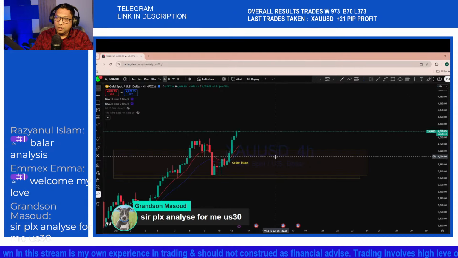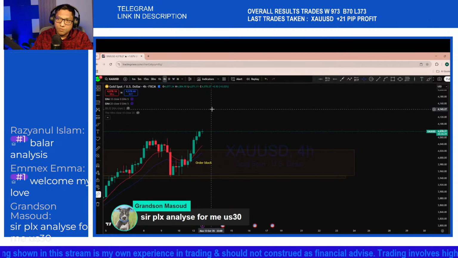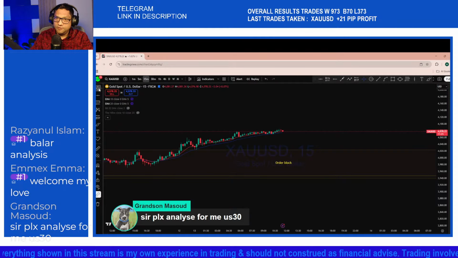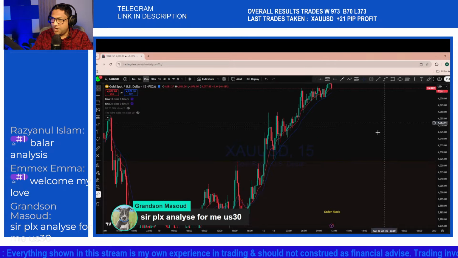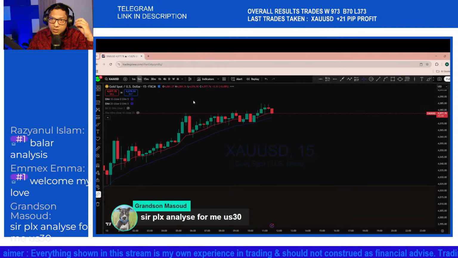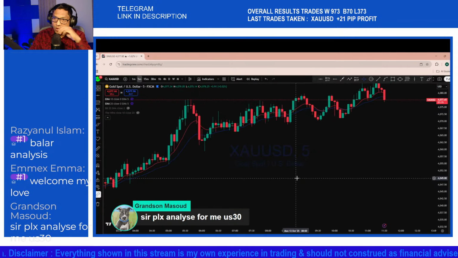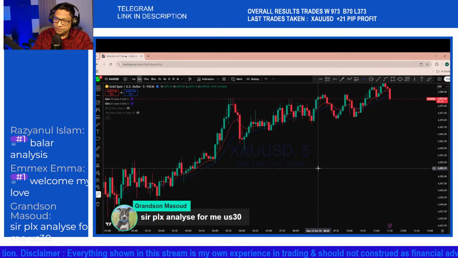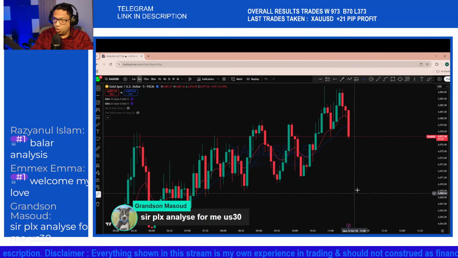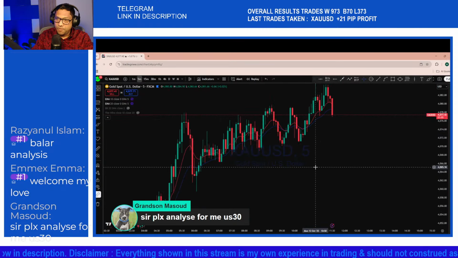So where the market is moving, let's look now at the lower time frame here on the 15-minute chart to see how the price has done. Now looking at the very lower time frame, where is our entry that we have, our open position on gold, and how has the market moved exactly?